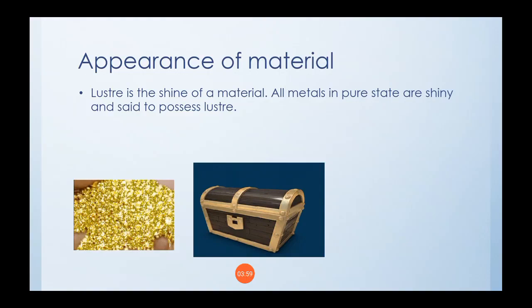Like the two pictures I show here: one is a diamond, which gives a shiny appearance. Another one is wood, which doesn't give a shiny appearance. These two are good examples for appearance of material.